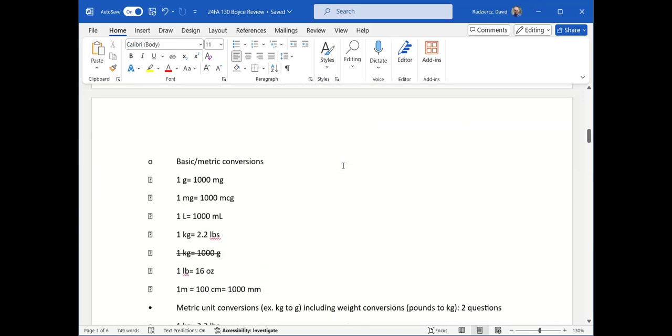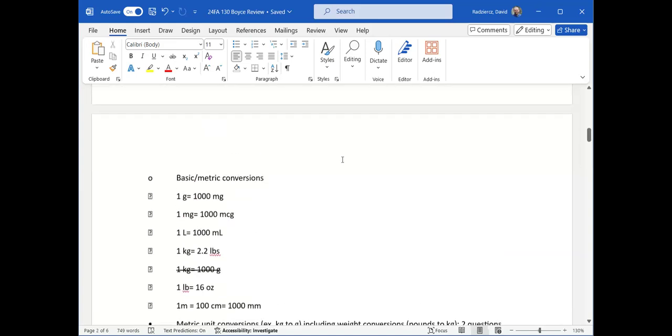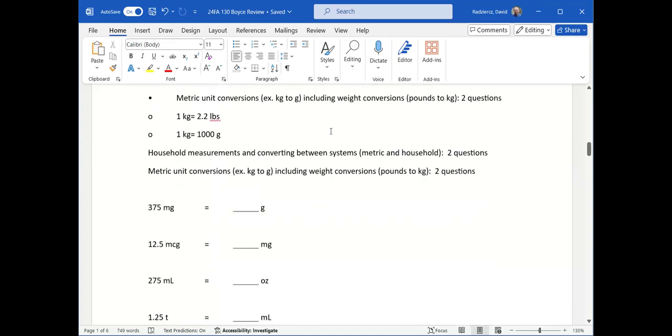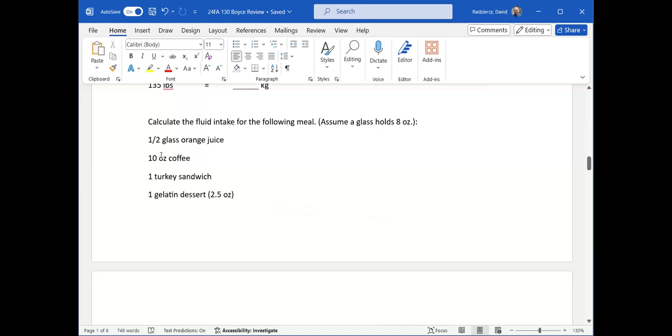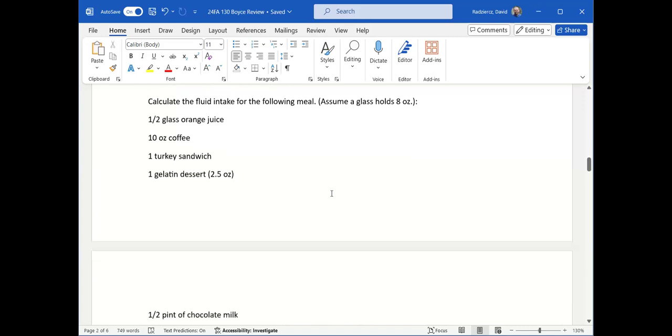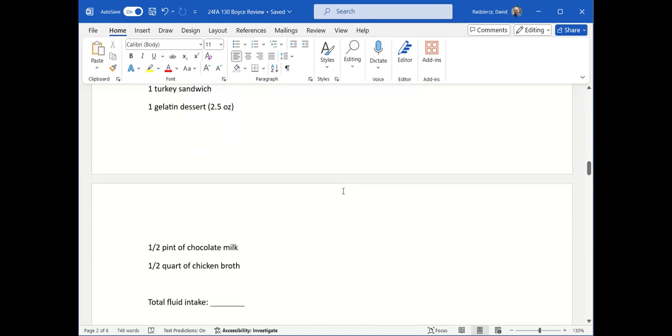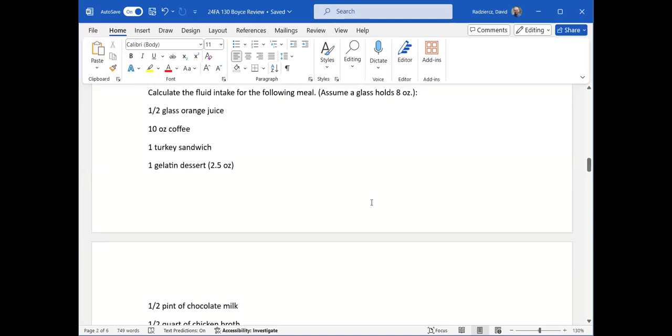And the sample I gave down here is 10 ounces of coffee, a gelatin dessert. And then you want to convert all these things from the American standard units, pints, quarts, ounces, to milliliters.